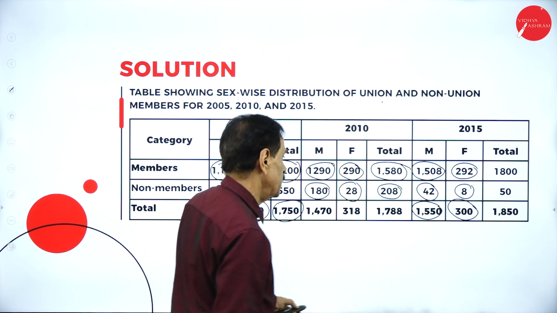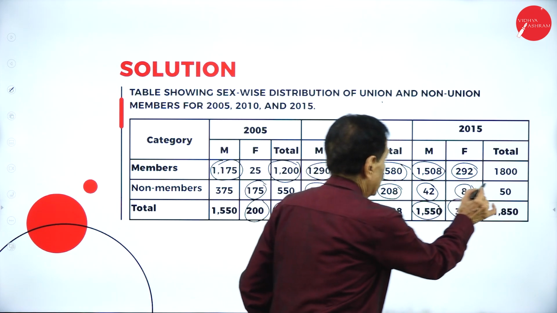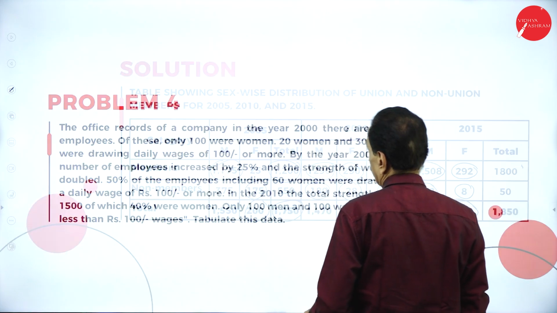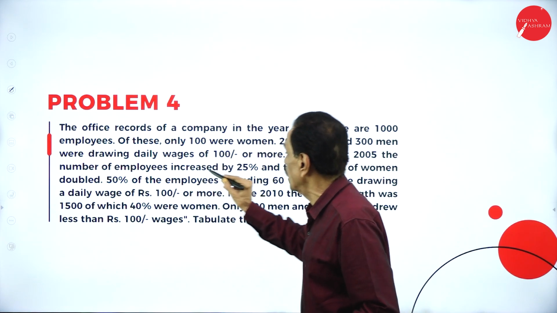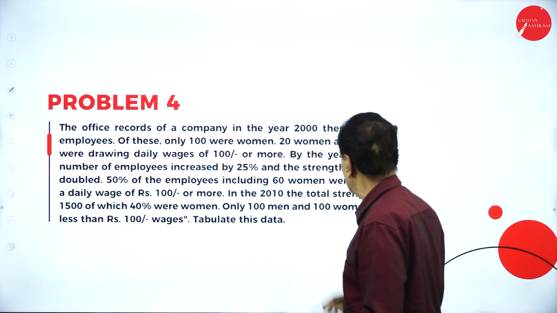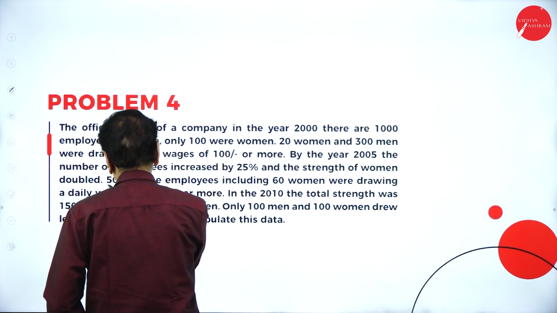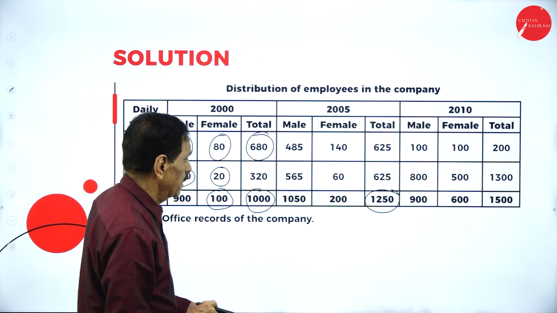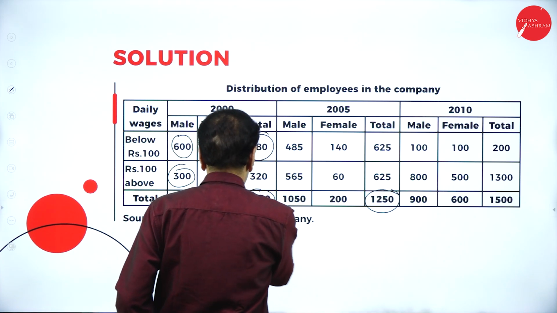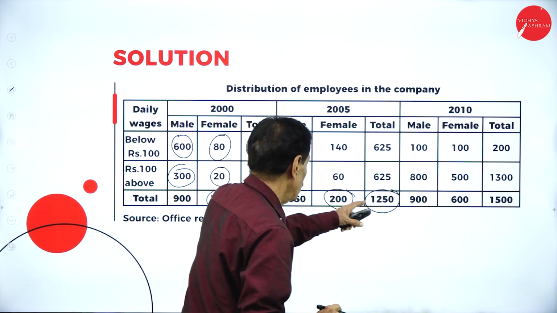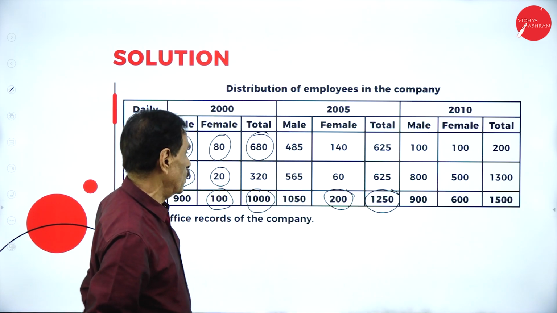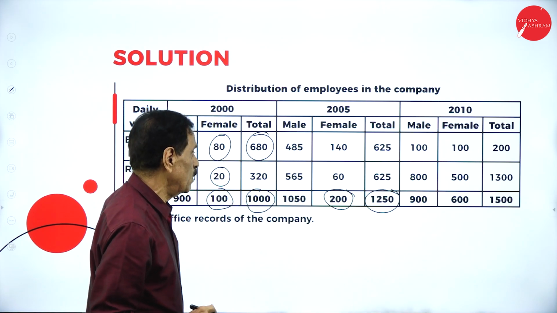By the year 2005, the number of employees increased by 25% and the strength of women employed doubled. So 1,250, here 100 becomes doubled. So out of 1,250, female employees are 200, the balance is 1,050.